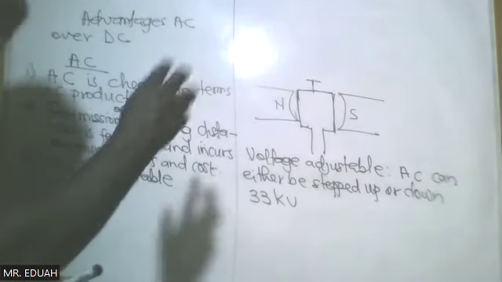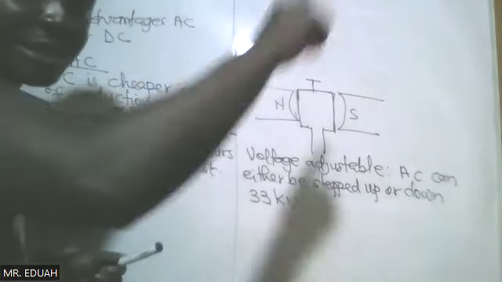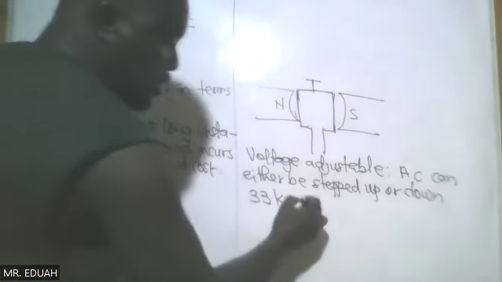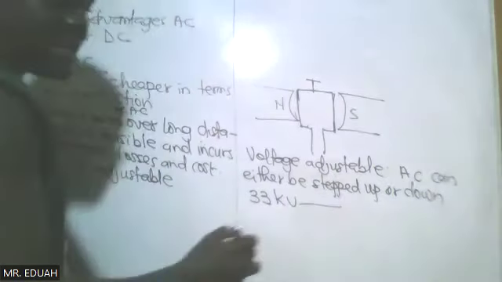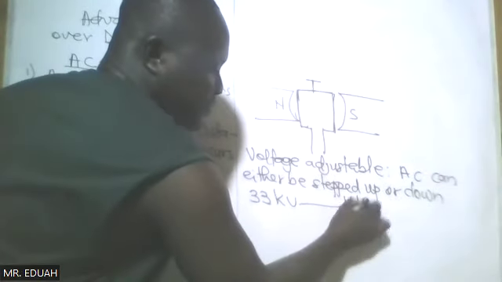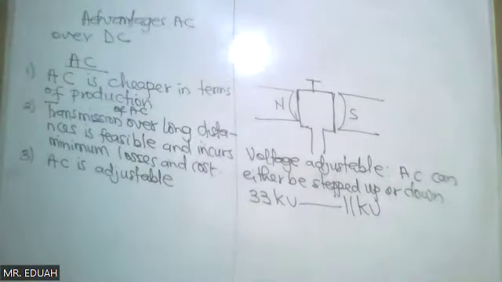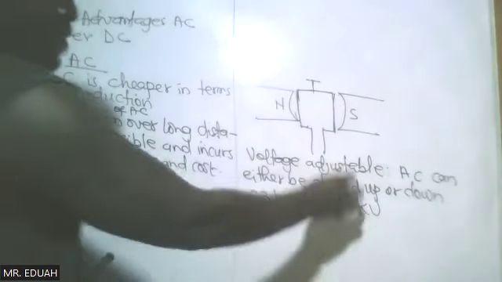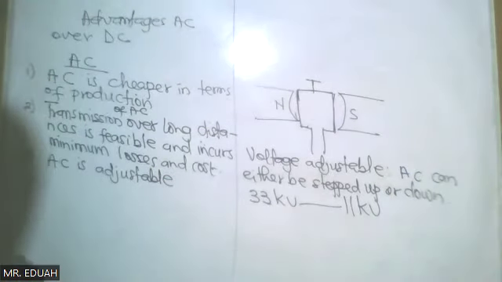Then from there, we pick it up and distribute it to the transformers you see within the community. The transformers are giving 11 kV, which is 11,000 volts.